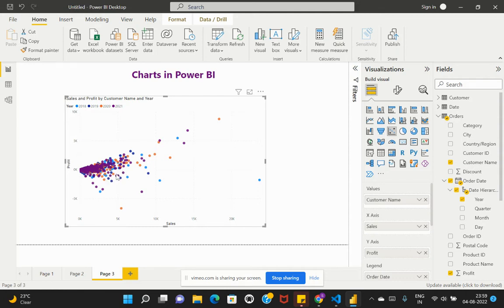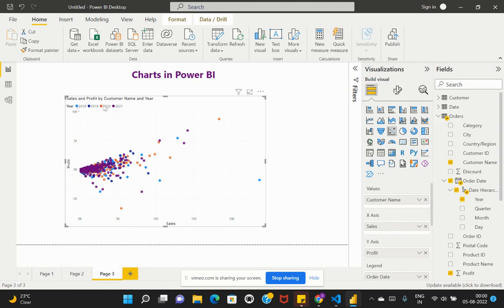So every circle or every bubble that you notice on this chart is an individual value of the customer name field. So if you hover on this data point, you see that this is specific for a customer, Raymond Buke, right? Similarly for the other customers. So these are the individual customer values for that particular duration and for those particular measures.